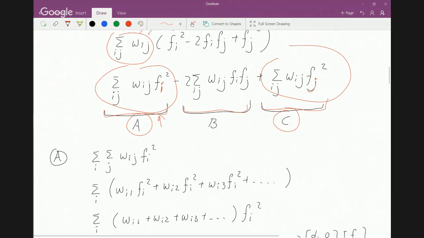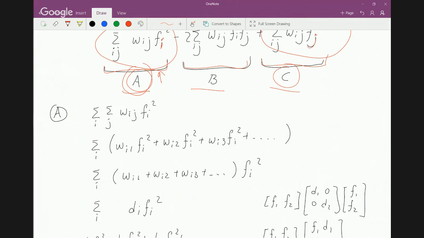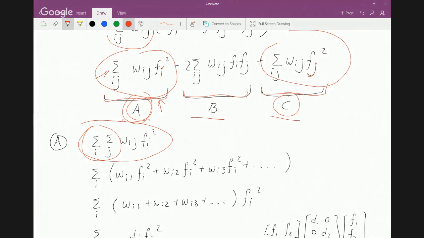The reason I want to divide them into multiple portions is that it's a lot simpler to look at them one at a time. So this is part A. In part A, the first thing I do is separate this out. Before it was ij here, but I separate it out so it's easier to read. So now we have two summations, i and j.